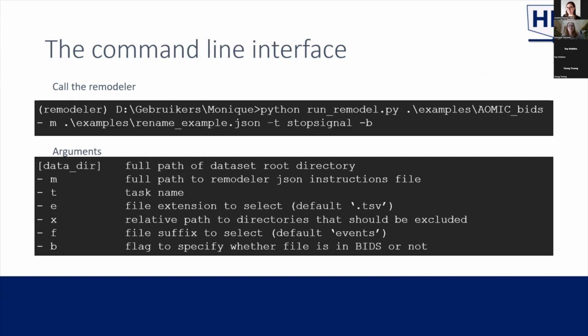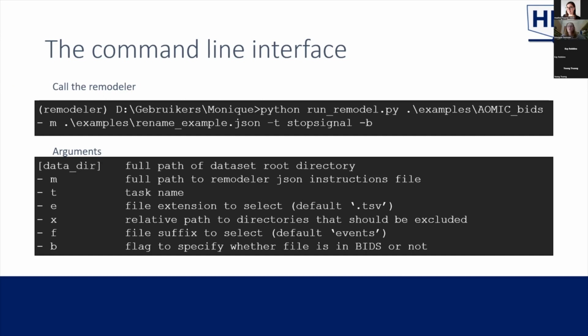Last, I will just quickly show how, if you want to use the remodeler via the command line interface, you can call it. In particular, I use Anaconda, but you can use it wherever you can call your Python scripts after you've installed it. You call the run remodel Python scripts, and you provide it with the BIDS root directory and a path to the remodel JSON file, or the JSON instruction file.